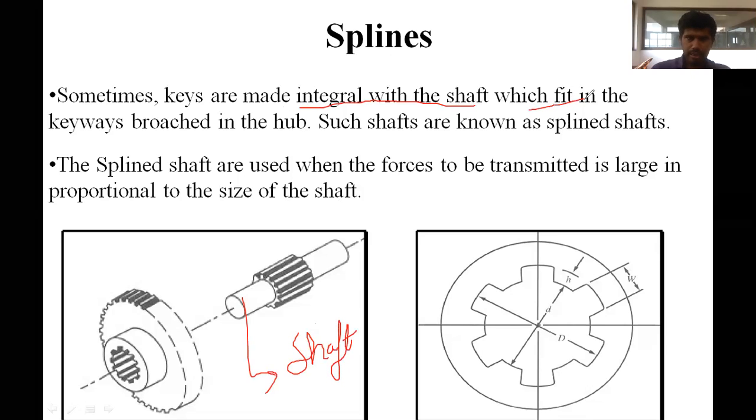They fit in the keyways broached in the hub. So this is the keyway broach, and this is the hub portion. Such shafts are known as splined shafts.